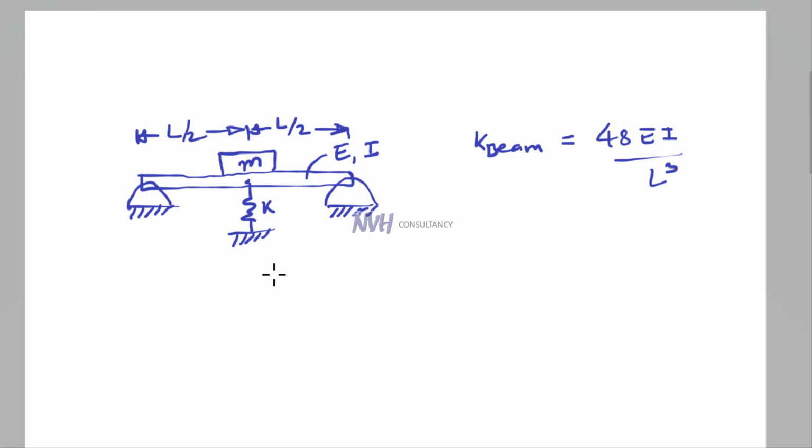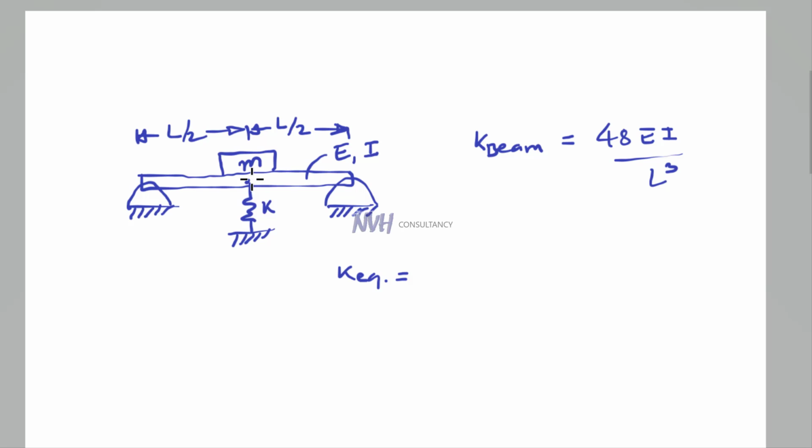Now the equivalent stiffness, that is K equivalent of this configuration, is what we desire. That's what we want to find. In that case we need to understand how the spring is going to behave when it is connected to the beam at the center.